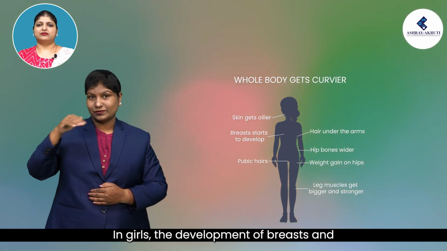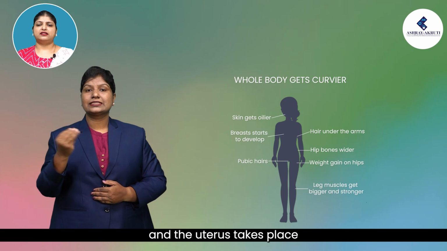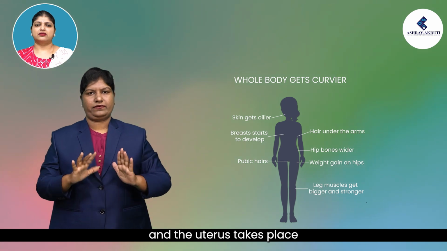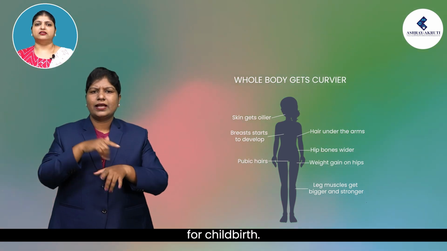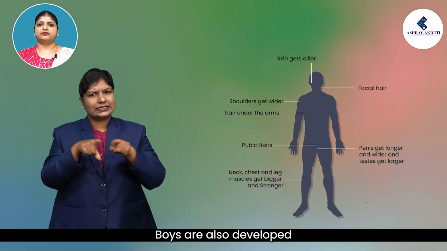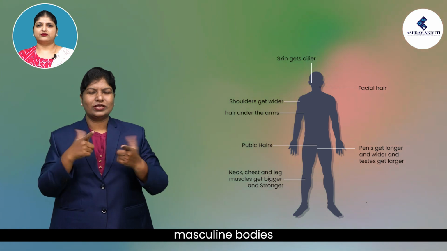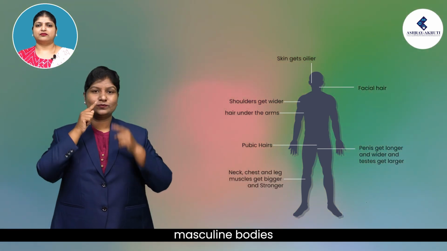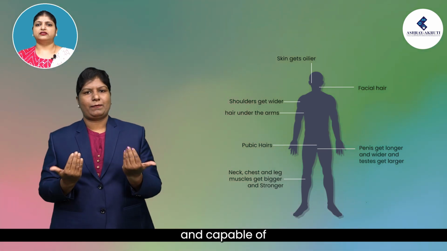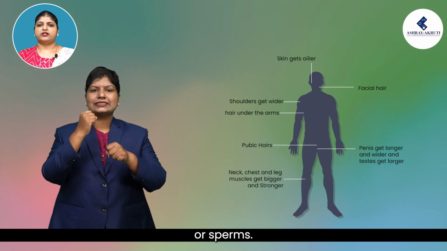In girls, the development of breasts and the uterus takes place in preparation for childbirth. Boys are also developed masculine bodies and capable of producing male gametes or sperms.